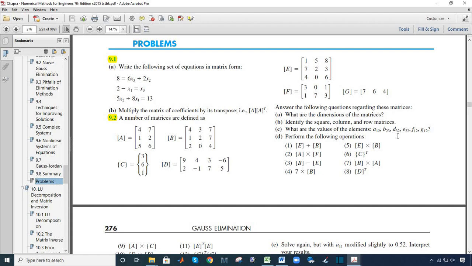And for example, D32, this is D matrix. 3 means third row, but it has not third row, so value does not exist. B23, this is B matrix. 2 means second row, 3 means third column, this is 7.